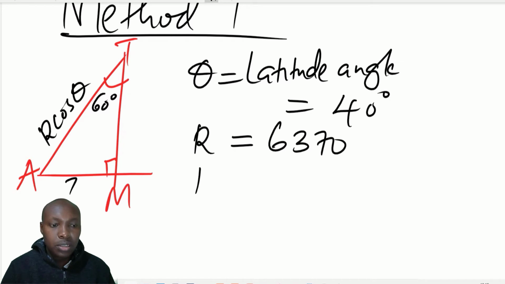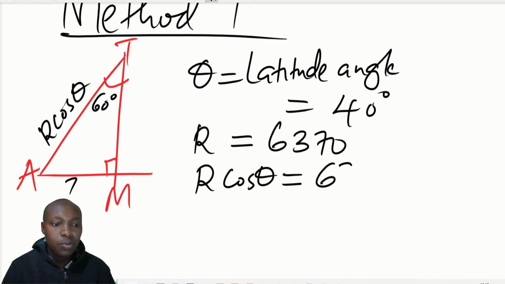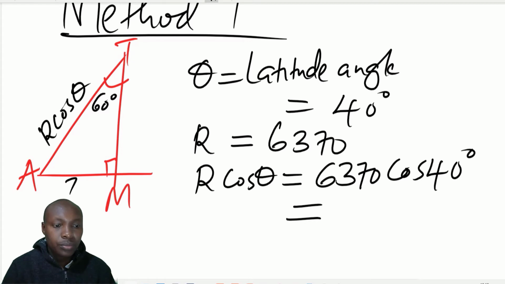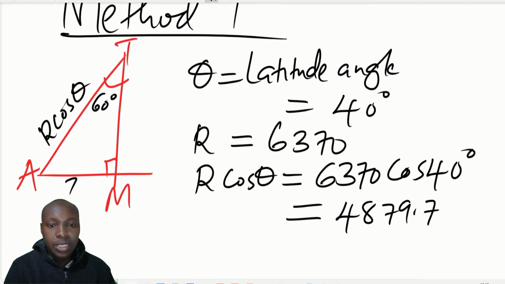So r cosine of theta will be 6370 cosine of 40. When you multiply that out, you arrive at 4879.7 kilometers. So that is the radius of the small circle.